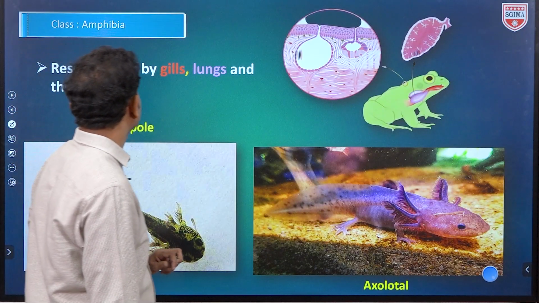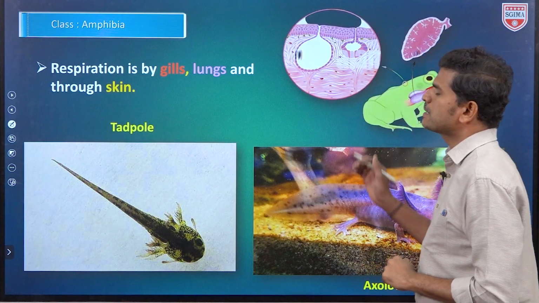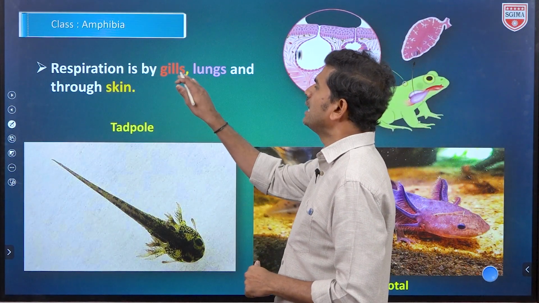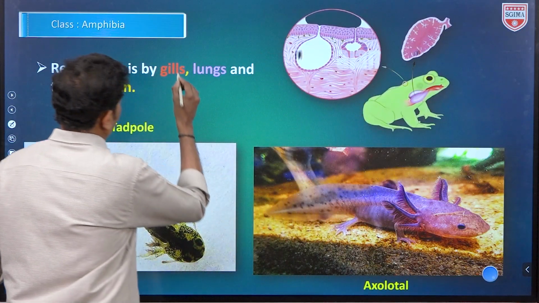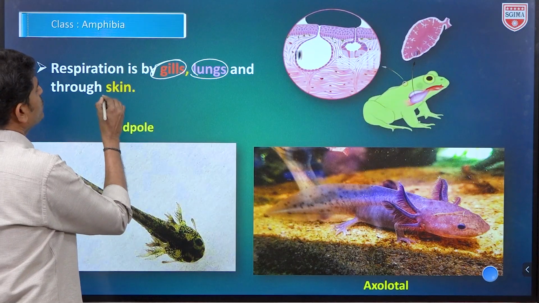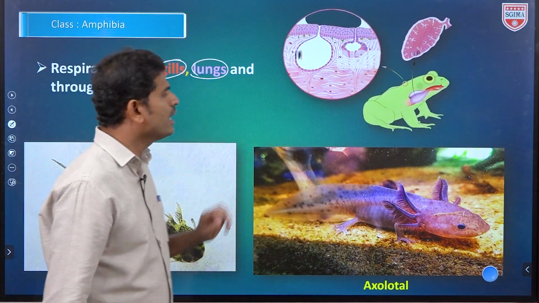Let us see what is given in this slide. Here the respiratory organs are mentioned. Respiration is by gills, lungs, and through the skin. So these are three respiratory organs.